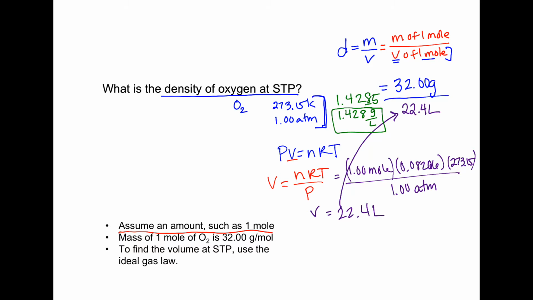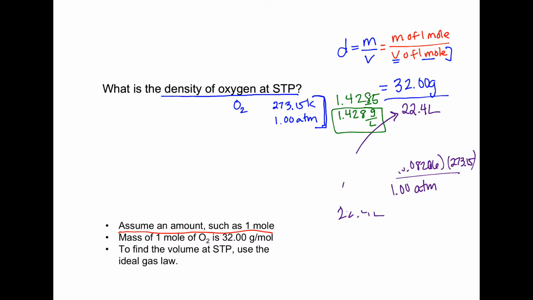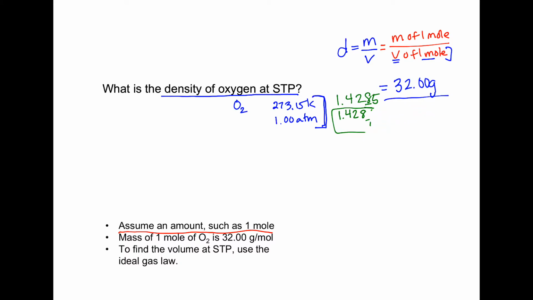I'm going to clean this up just a little bit. And now that we've done that problem kind of the longish way, I want to go back to where we just had the mass and we were trying to find the volume. Okay, so we were here and we had just found the mass of 1 mole, and now we were trying to find the volume of 1 mole at STP.